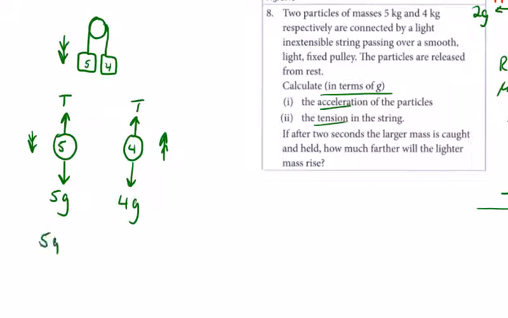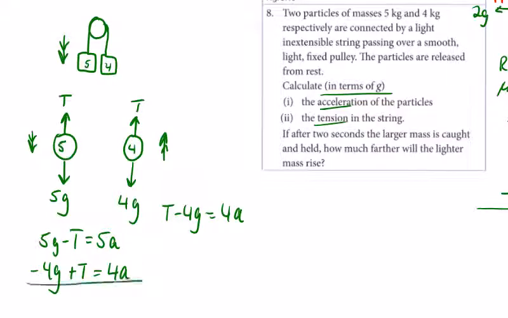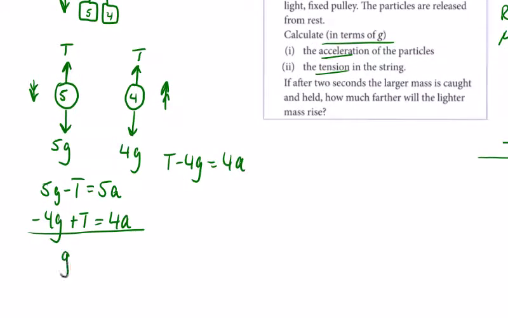So 5g minus T is equal to ma, and in this one, we get T minus 4g equal to ma. So I have minus 4g plus T is equal to 4a. So I'm going to get g is equal to 9a, so a is equal to g over 9.